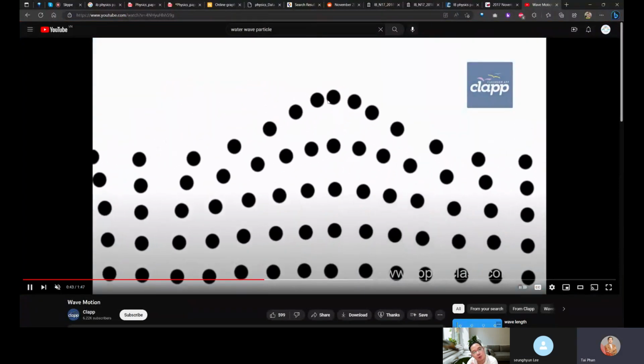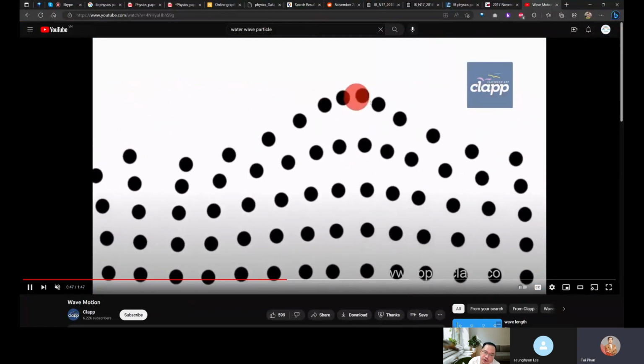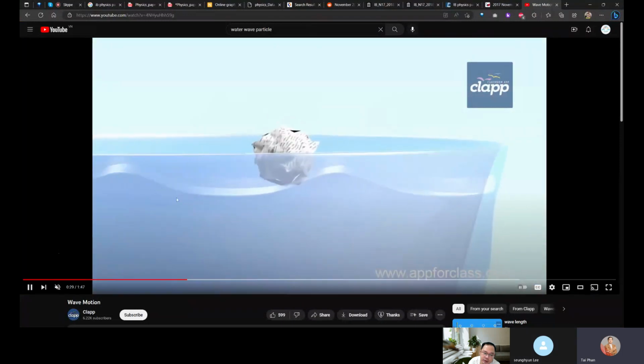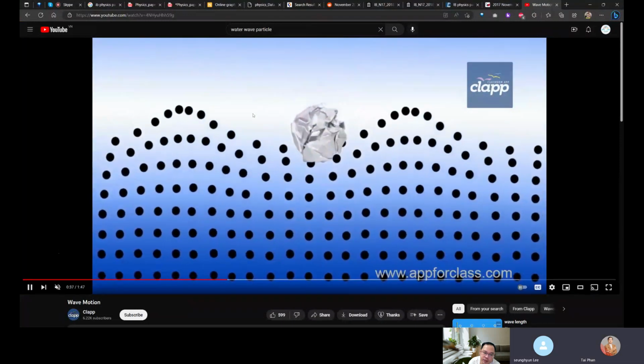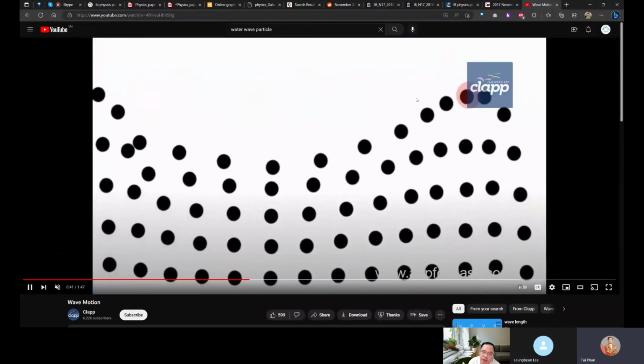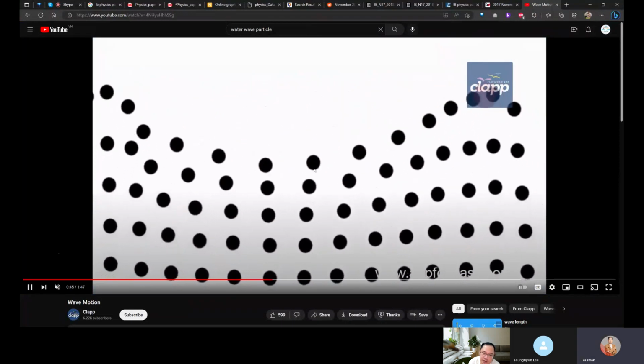We see here 1 point, the red point, indicating the peak of the wave moving from left to right. So that is the speed of the wave. The speed of the wave, with the peak moving left to right, is different from the speed of oscillation of the molecule up and down.